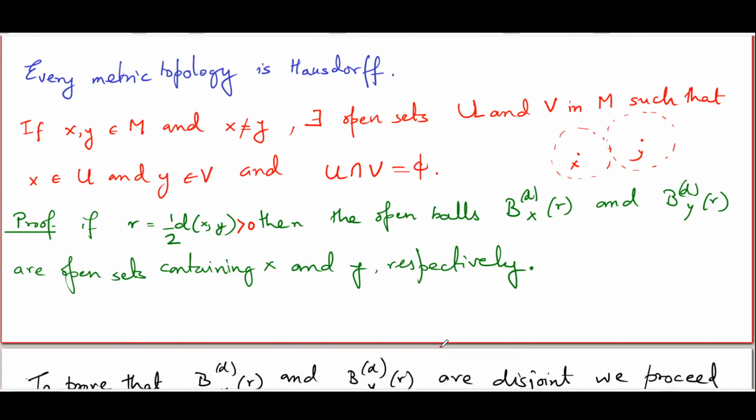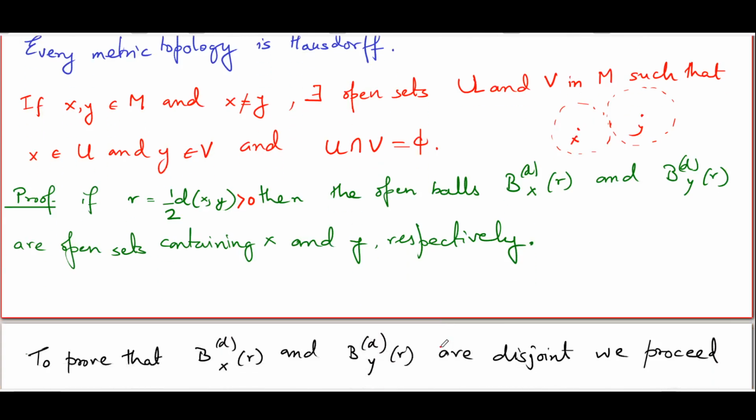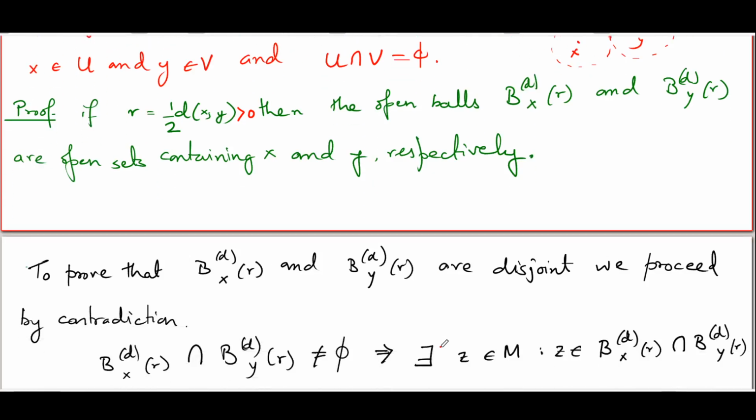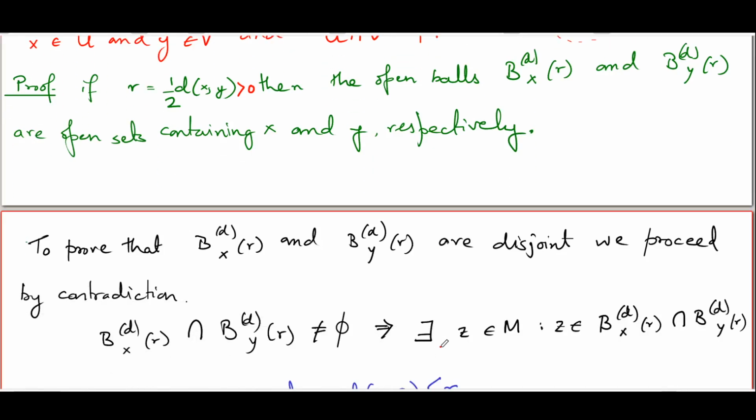Now, to show that these two open balls are disjoint, we proceed by contradiction, the standard mathematician's trick. We assume that they are not disjoint, so if this intersection is not null, there must exist some point z in your metric space which is in that intersection.